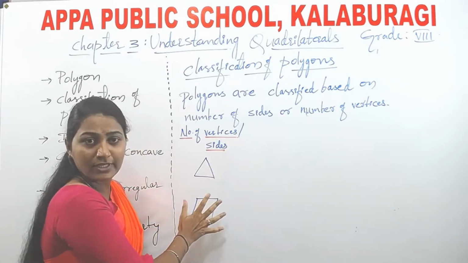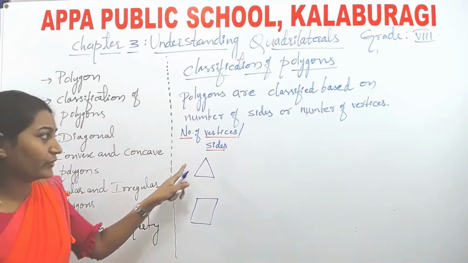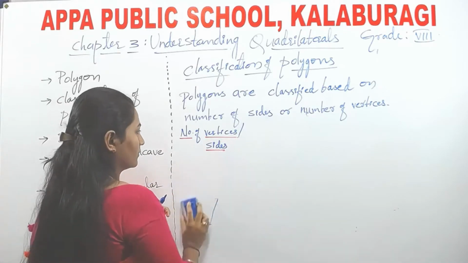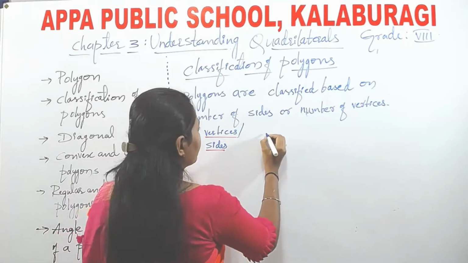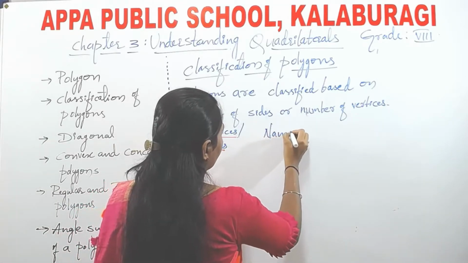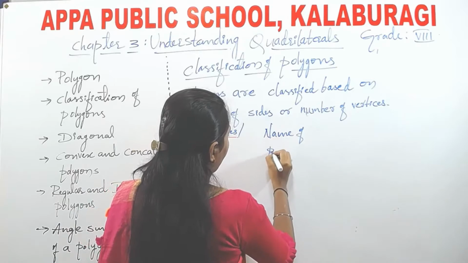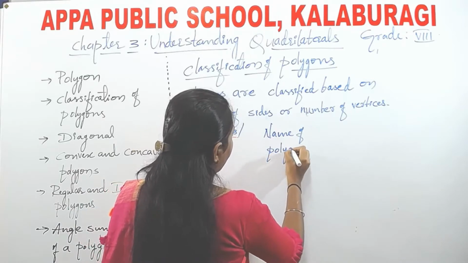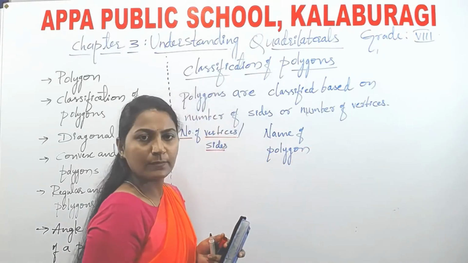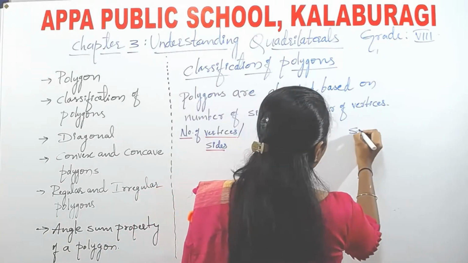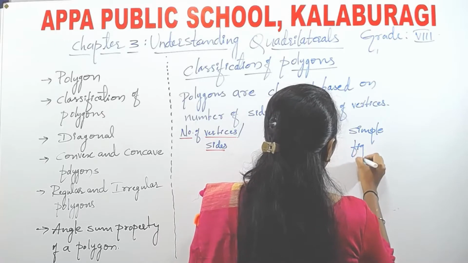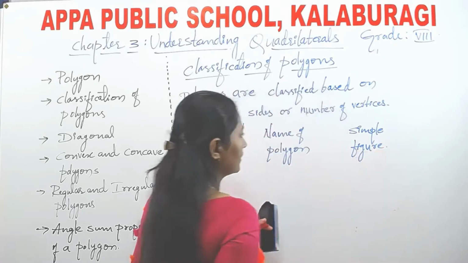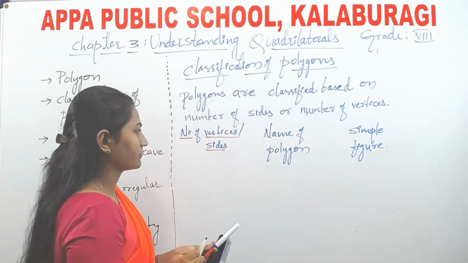So this was the example I was showing. So we have the number of sides or vertices. Next is the name of that particular polygon, and a simple figure.